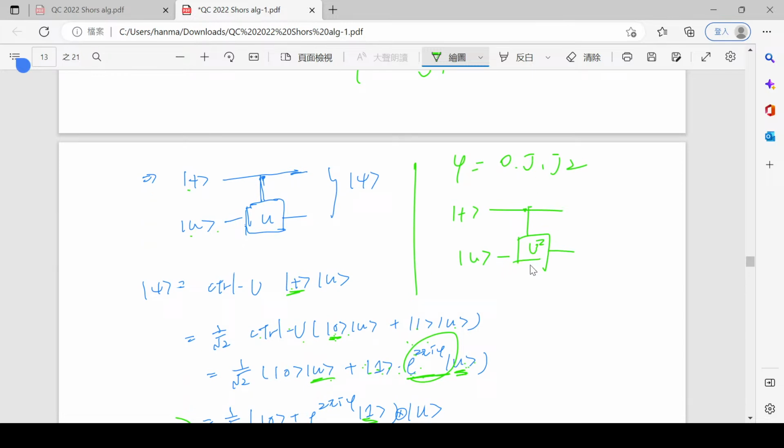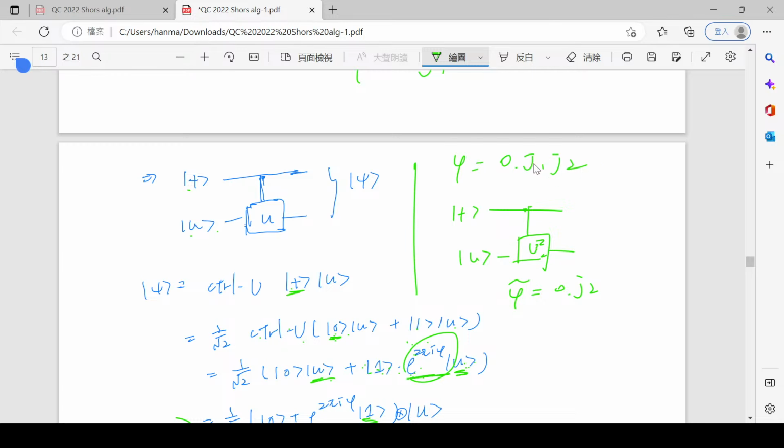U squared is another unitary, and it has psi tilde equal to 0.j2, right? Because the eigenvalue of U squared is the eigenvalue of U times 2.